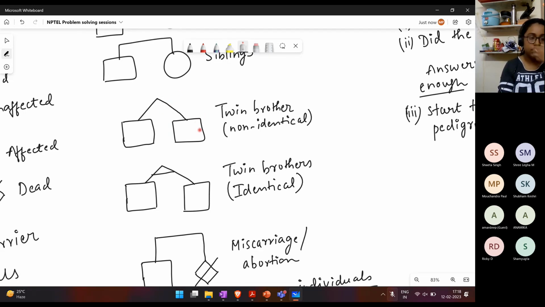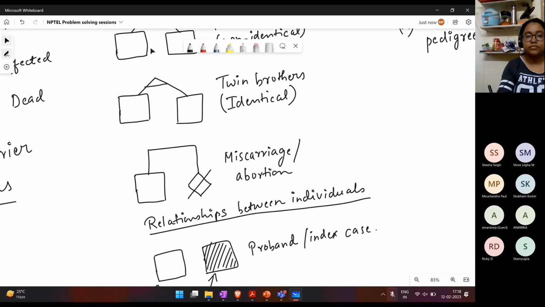If they are identical twins, meaning from the same zygote, we draw a line like this to say that they are twins and also identical. Now, if in a family a mother has suffered a miscarriage or abortion and she didn't know the sex of the baby, and that baby has died, we show it like this. So this is how the relationships between individuals are shown.